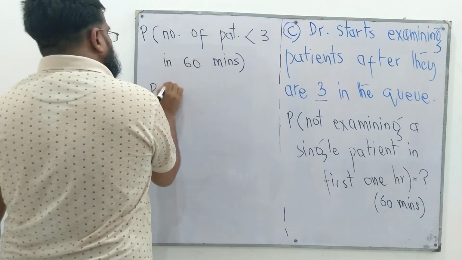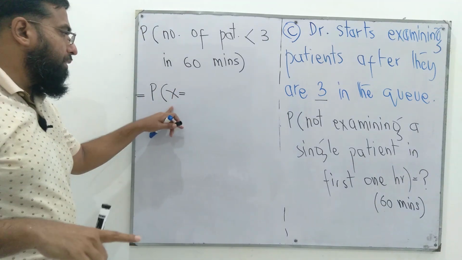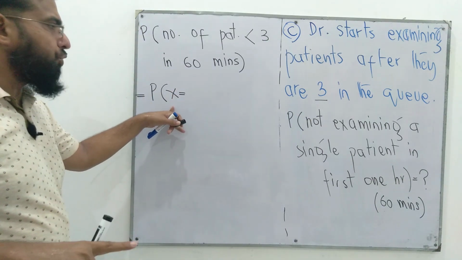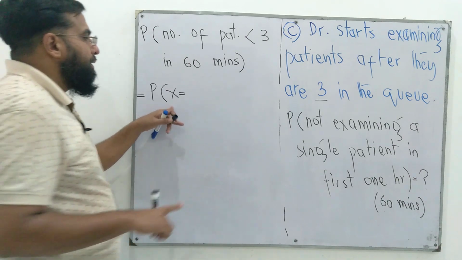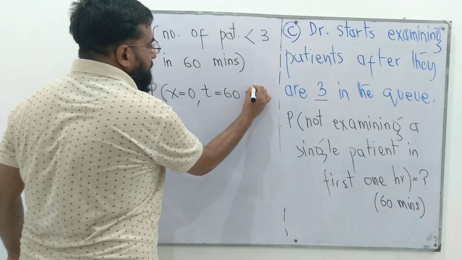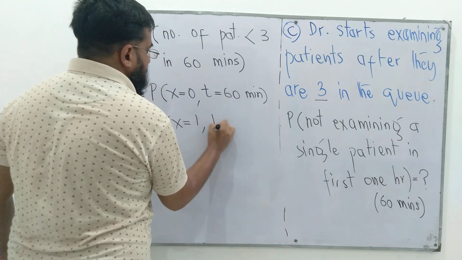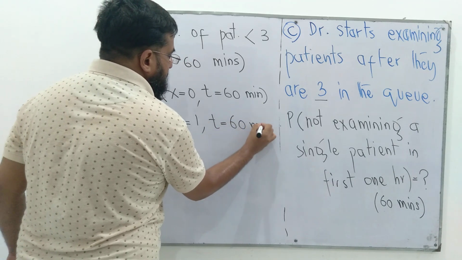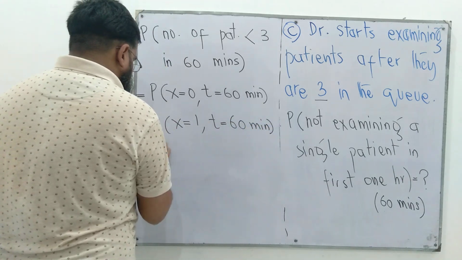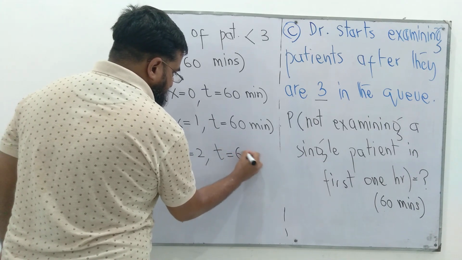If x is the variable showing the number of patients received, this means the probability that x is equal to 0 in 60 minutes, plus the probability of having 1 patient in 60 minutes, plus the probability of having 2 patients in 60 minutes.